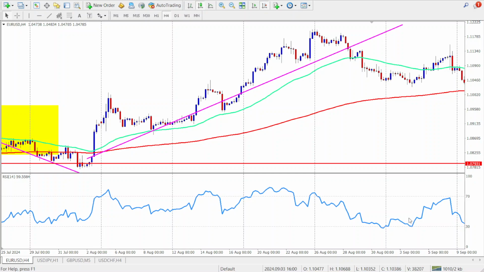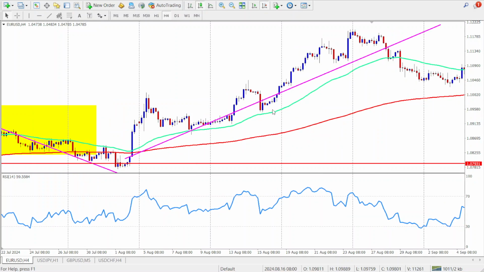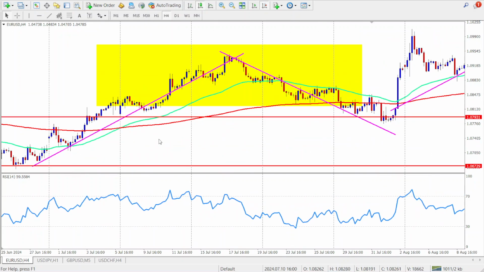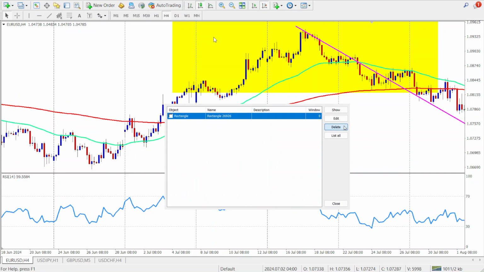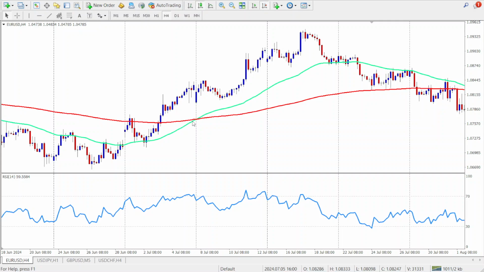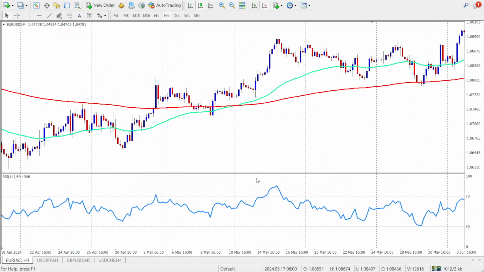All right, now let's go into how you can actually trade with this strategy. For a buy signal, for a long position, you wait for the 50 MA to cross above the 200 MA, signaling a potential uptrend. Then you check the RSI. Ensure you always get confirmation from your RSI.